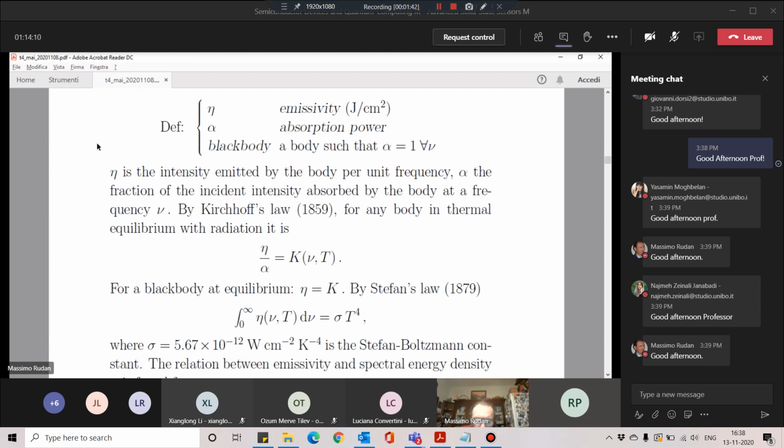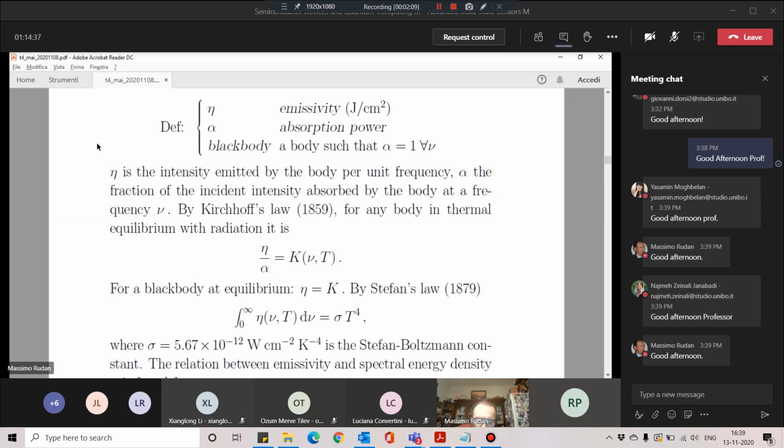Obviously, if one integrates emissivity over all possible frequencies, what is found is a function that depends only on temperature, and it is given by the Stefan law that we already used in calculating the solar constant.